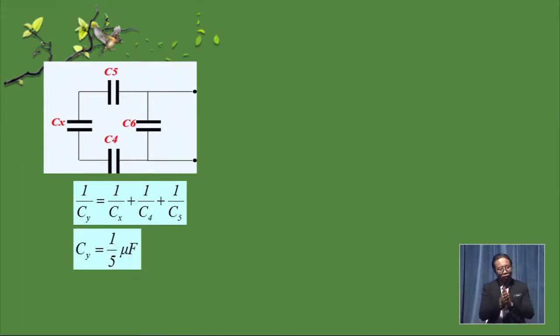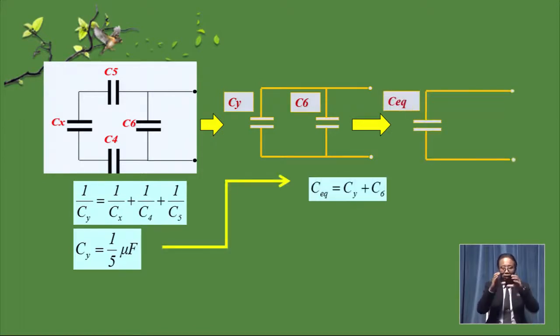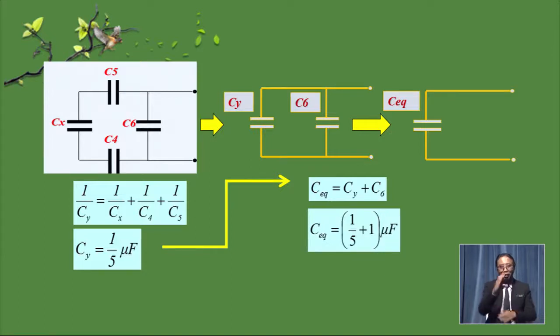Hence, Cy equals 1 over 5 microfarad. Capacitors Cy and C6 are connected in parallel, hence the equivalent capacitance is given by Cy plus C6.